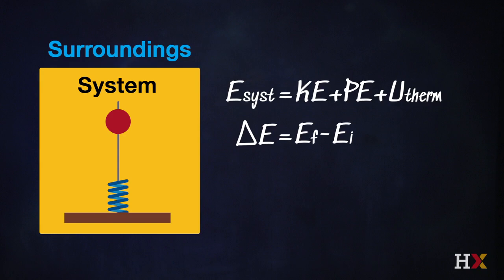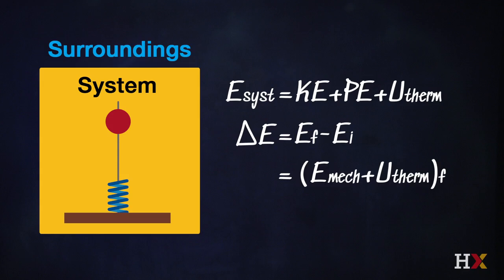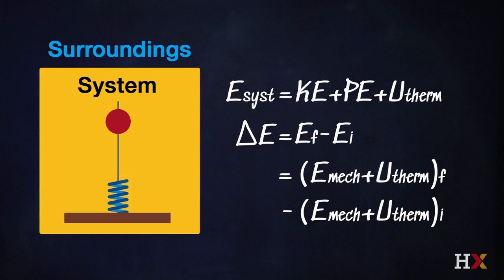But we can write this now as the energy in the mechanical component plus the thermal energy in the final state, minus exactly the same variables, the mechanical energy plus the thermal energy initially in the system. So that means that we can allow this ball to oscillate until it stops. And when it does that, all of the initial energy is tied up as thermal energy. It's increased the temperature of the entire system.